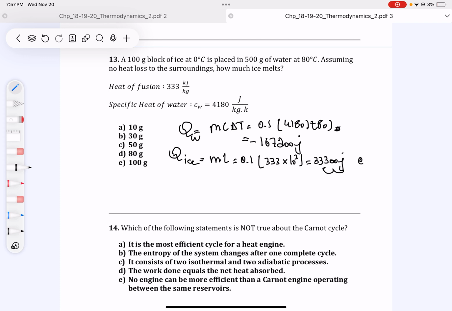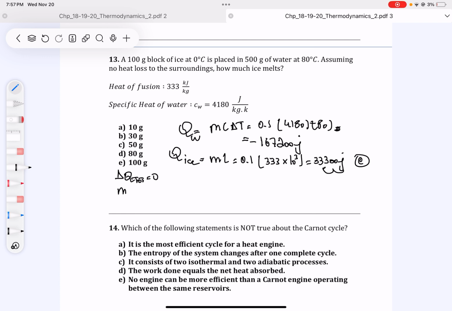But here, let's get the final temperature. We just say delta Q total is equal to 0.